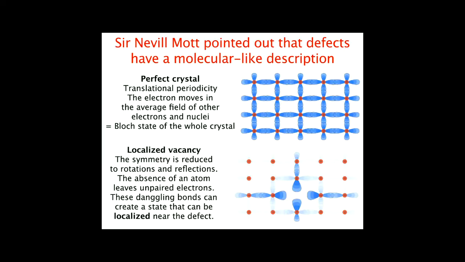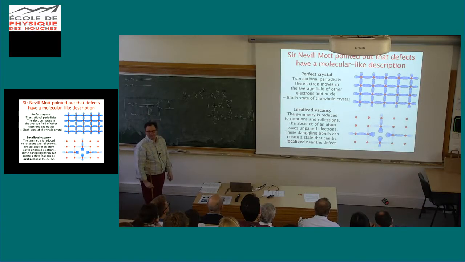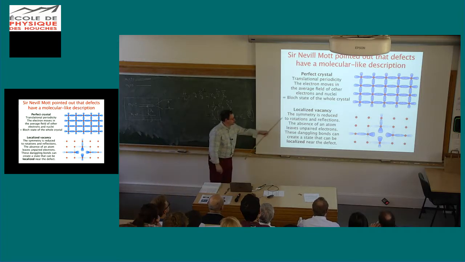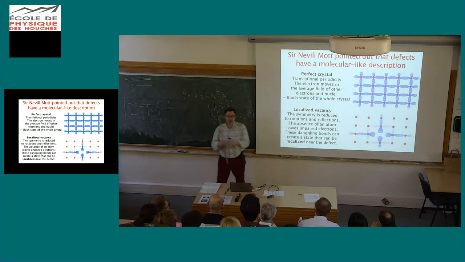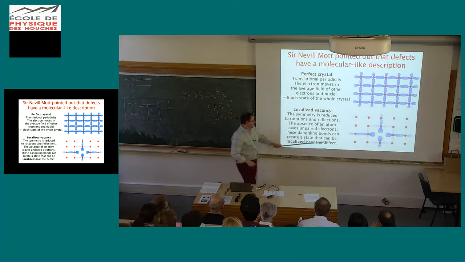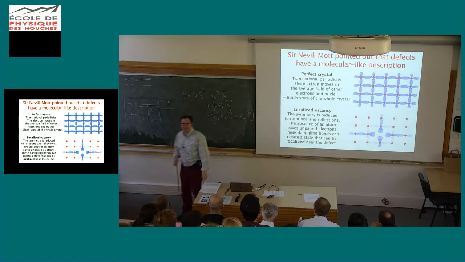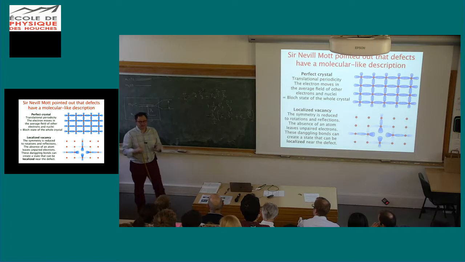If we now take this localized vacancy and go a little bit further compared to my simple model, the symmetry is reduced to rotation and reflection. And then the absence of an atom will leave unpaired electrons, so I have dangling bonds here, and I can do what I learned in molecular physics. I can create the defect by mixing these dangling bonds.